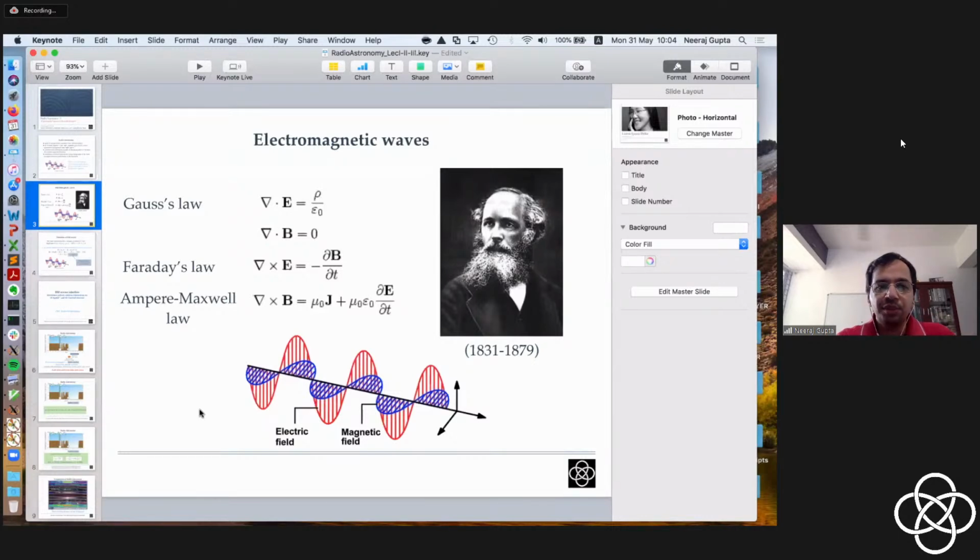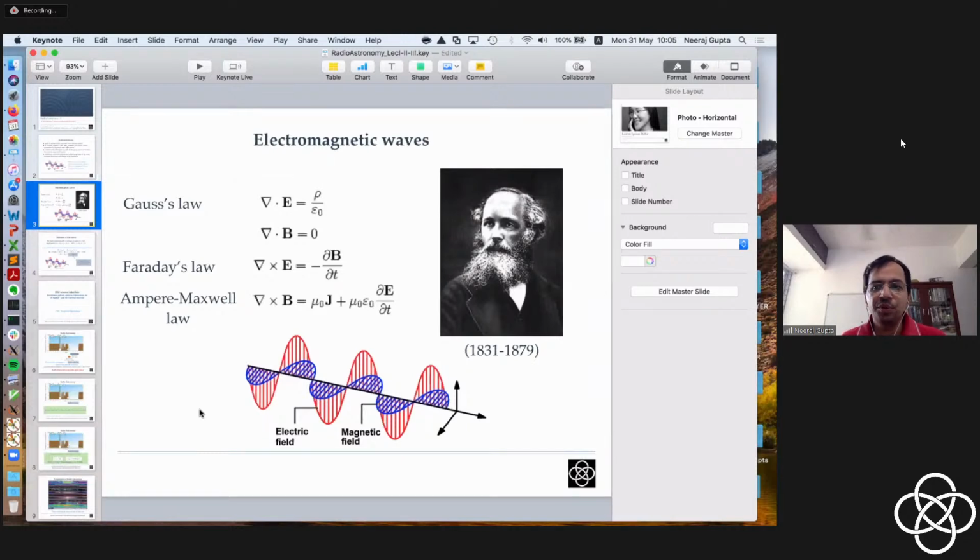Then the second equation says that there are no magnetic monopoles. And then you come to Faraday's law and the Ampere-Maxwell law, which tell you that a changing magnetic field is associated with an electric field, and electric current and change in electric flux could be associated with a magnetic field, and vice versa, right? So these partial differential equations relate electric and magnetic fields and currents and changes of fields, right?